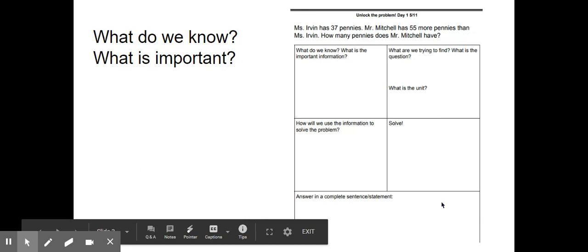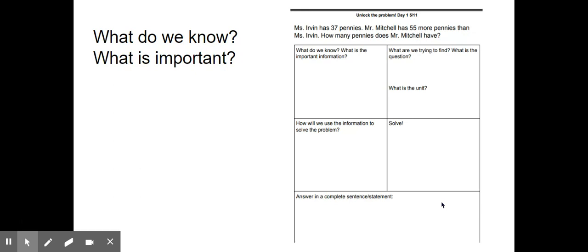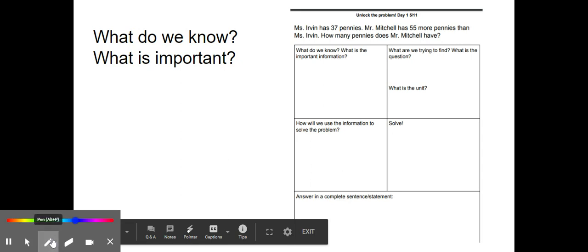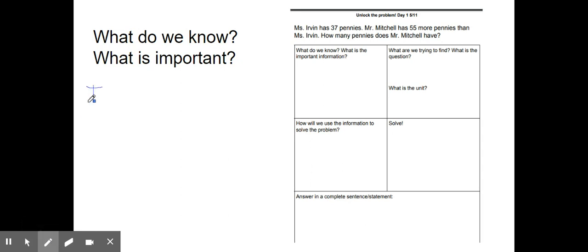What do we know? What is important? Those are the questions in the first box on your paper. One thing we know is that Miss Irvin, I'm going to write an I for Miss Irvin, has 37 pennies. I'm going to write 37 and make the cent sign.